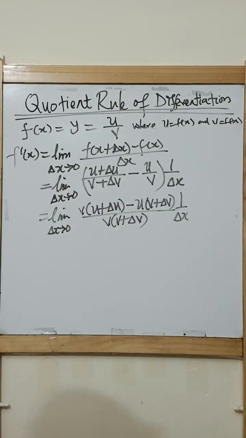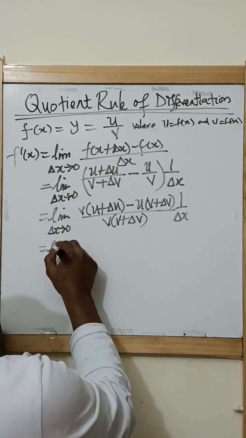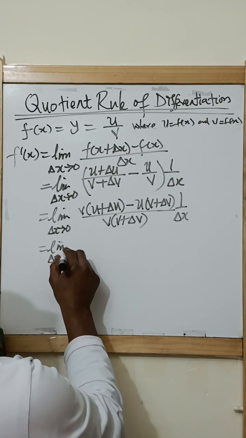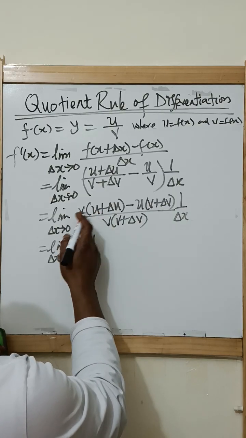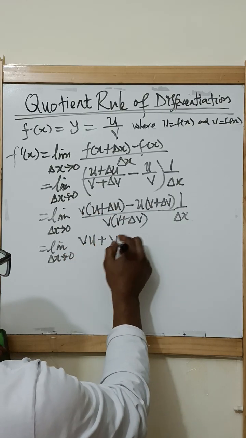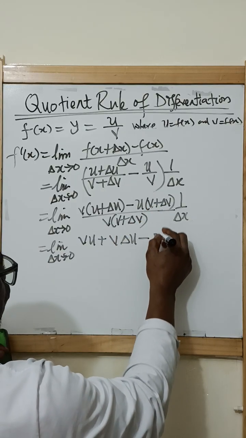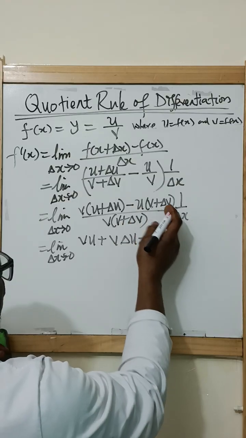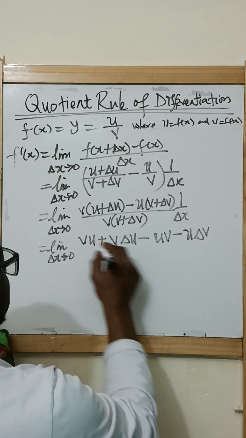Now the next thing we want to do is to expand the brackets. So that will be the limit as delta x tends to 0 of vu, open this, then open this, that will be v delta u, minus u times v, that will be uv. Then this times this, that will be minus u delta v.